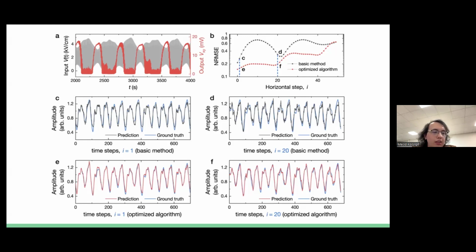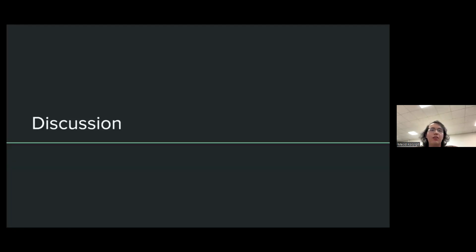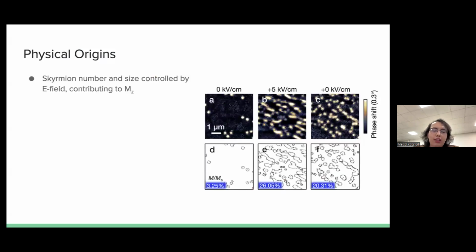And of course, these results indicate a greater potential of our physical reservoir doing a more complicated task than simple classification. And for concluding, I will be presenting the discussion part of this paper.